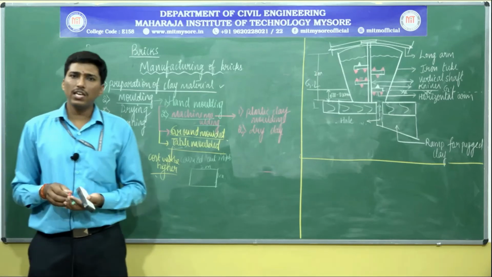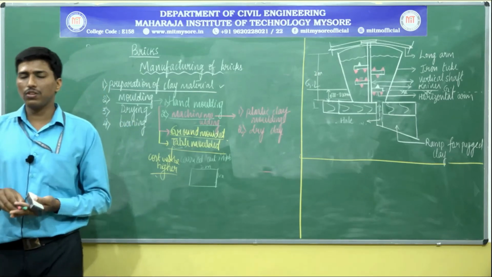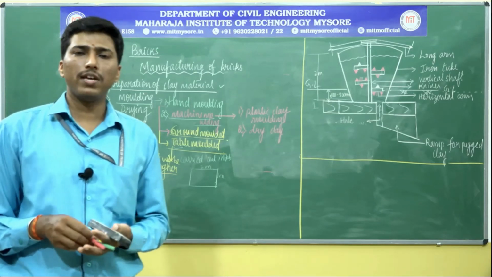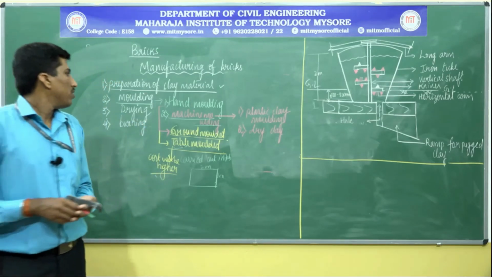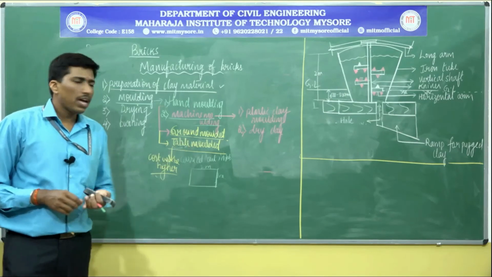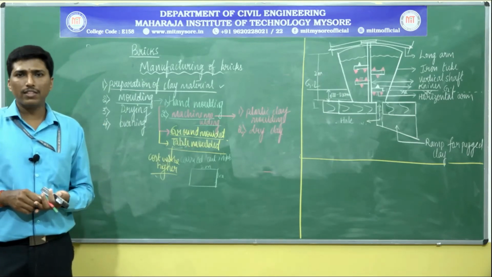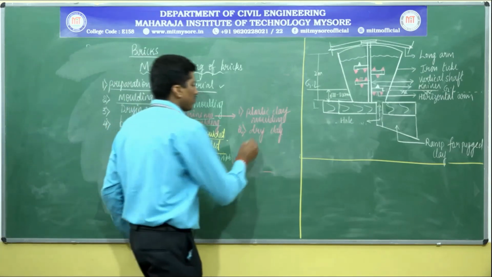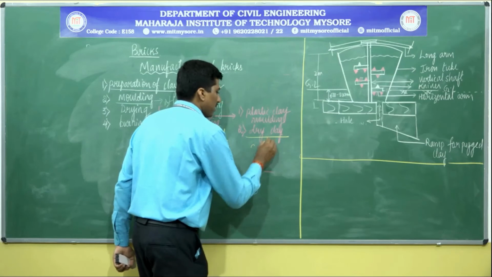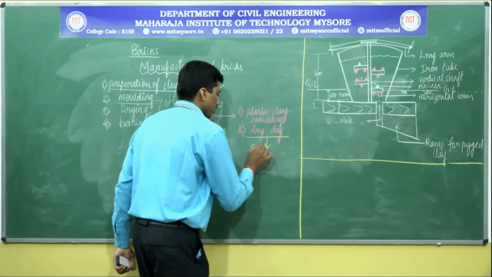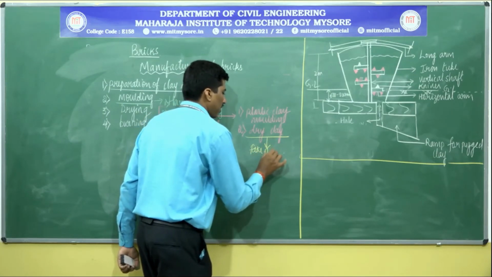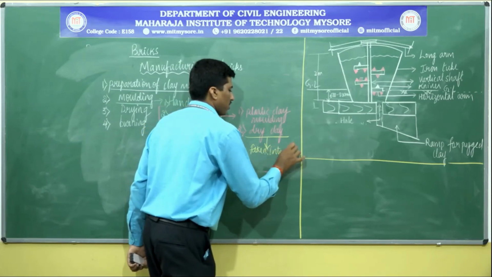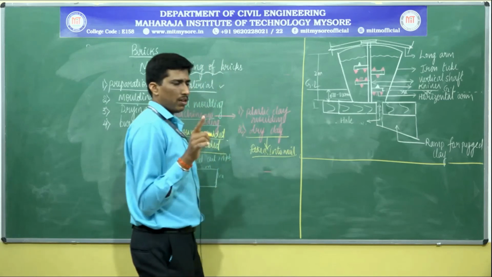Machine molding obviously yields different types of hollow blocks or solid blocks. These things can be done even in the dry condition, where a certain amount of dry clay is taken into a mill.